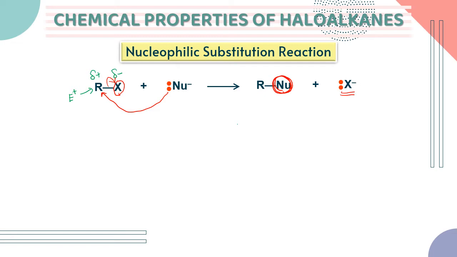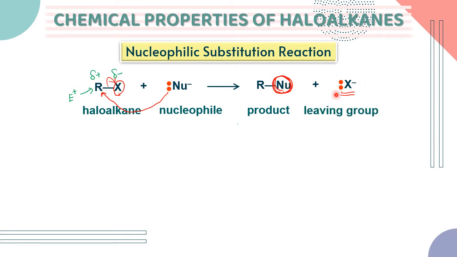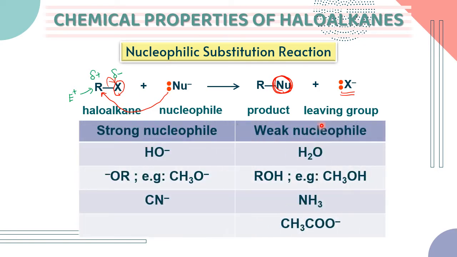That's why we call it a nucleophilic substitution reaction. We are substituting the halogen with another nucleophile. So this is our haloalkane, this is the nucleophile, this is the product, and X over here, the halogen, we call it the leaving group.